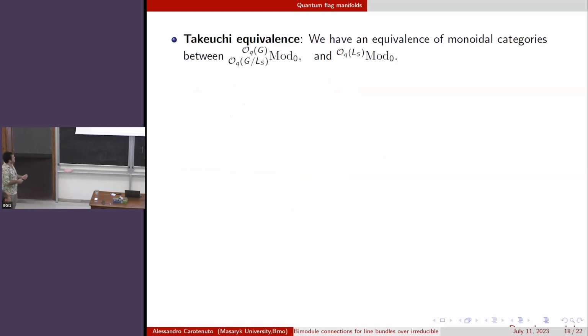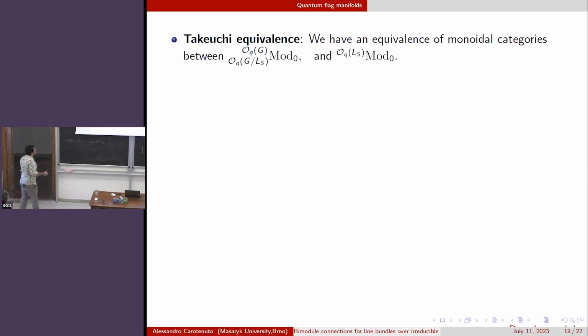By Takeuchi equivalence, we have an equivalence of monoidal categories between the category of relative Hopf modules of O_q(G/L_S), where mod 0 means that if I have a module inside this category, let's call it F, then F^+, where the plus means that we're considering elements inside the kernel of the counit, is zero.